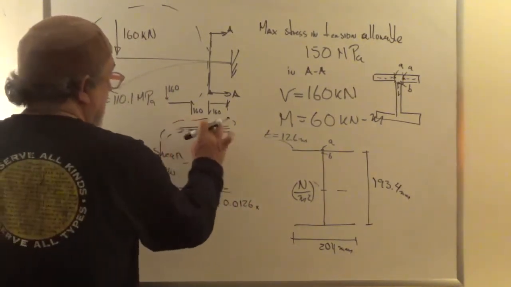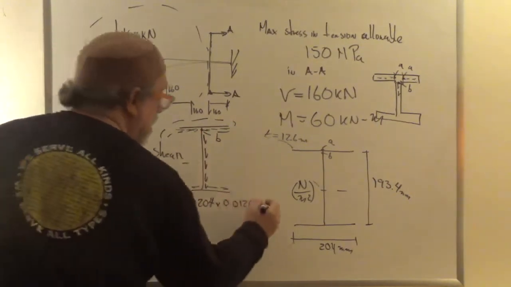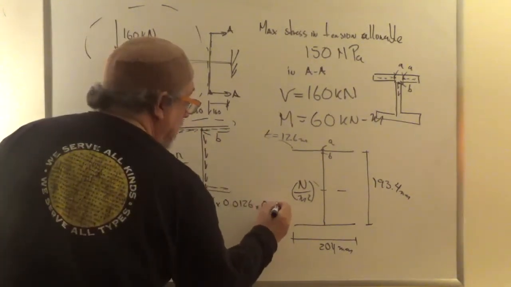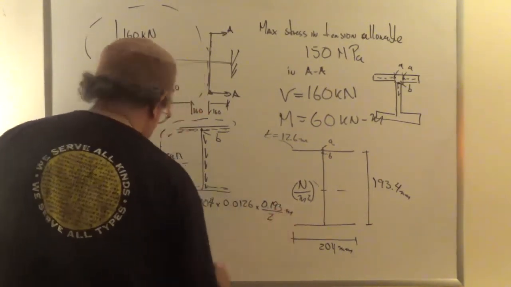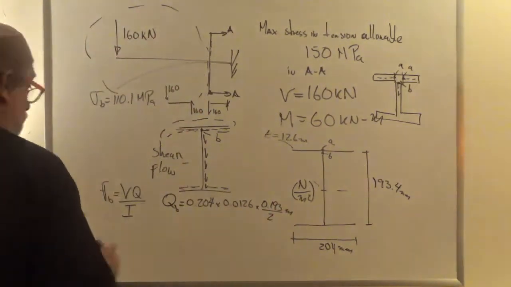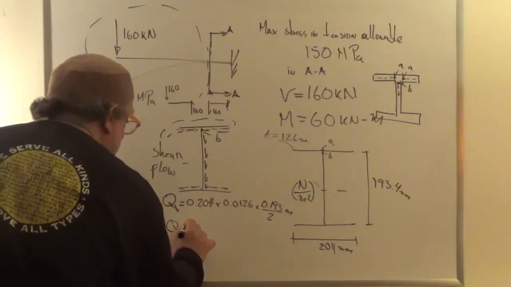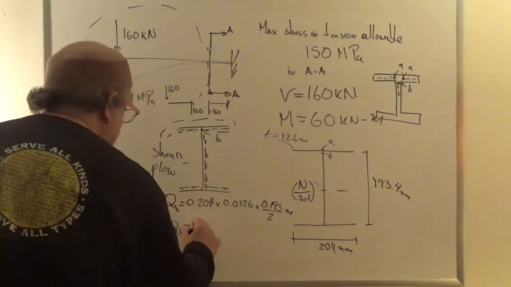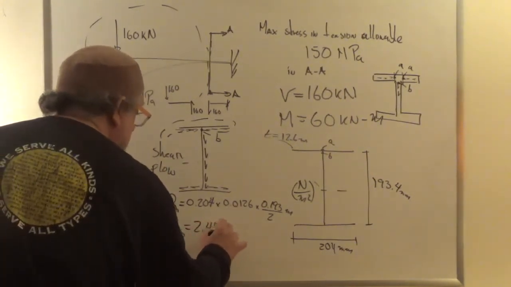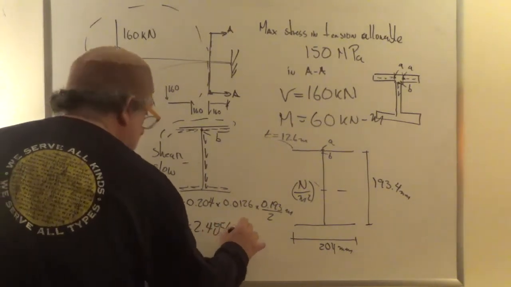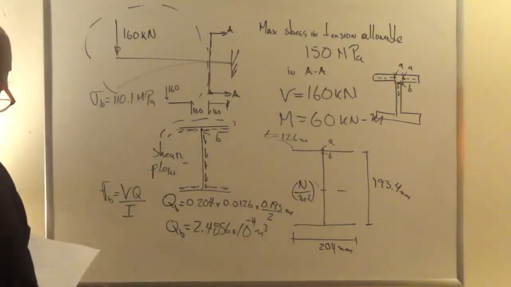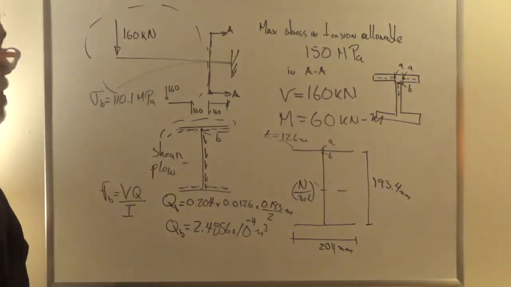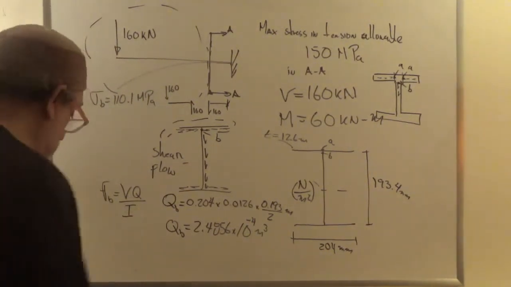The distance from the centroid of this to the neutral axis, which is 0.193 divided by 2 meters, right? And so we find that the Q at point B is equal to 2.4856 times 10 to the minus 4 meters cubed. Okay? All right, so far so good.